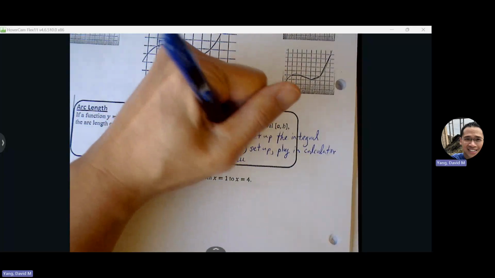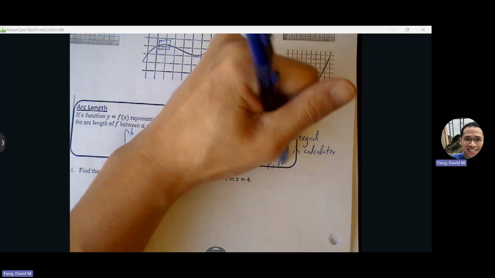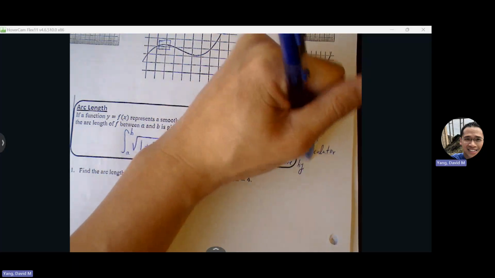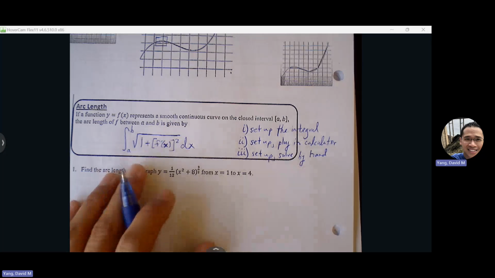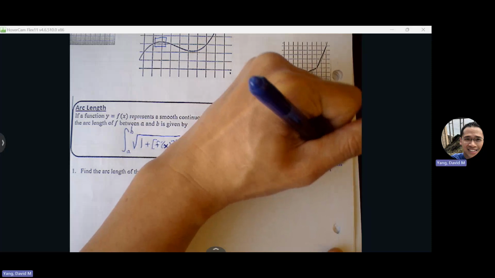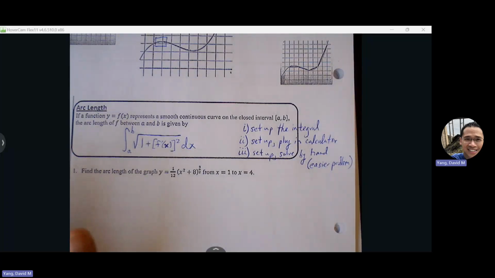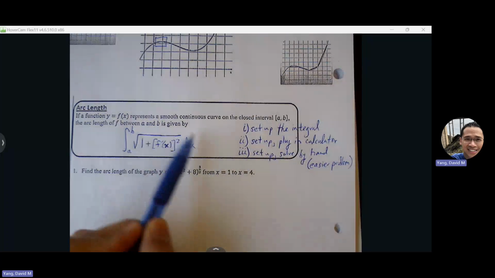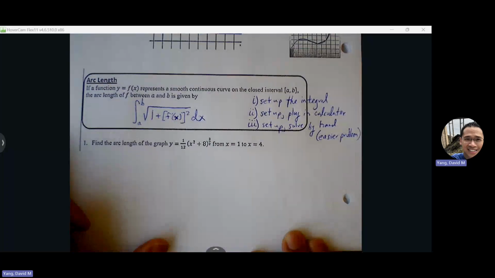The third potential problem is where you set up and then solve manually by hand, using whatever integral rules, whether it's u-substitution or the power rule. Option 3 tends to have to be an easier problem in order for us to work it out by hand. Just be aware that these are the three types of problems that may be involved, depending on how the problem is set up.